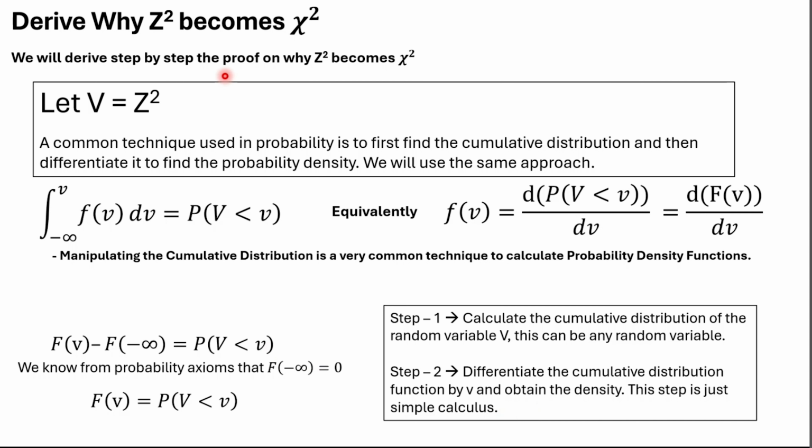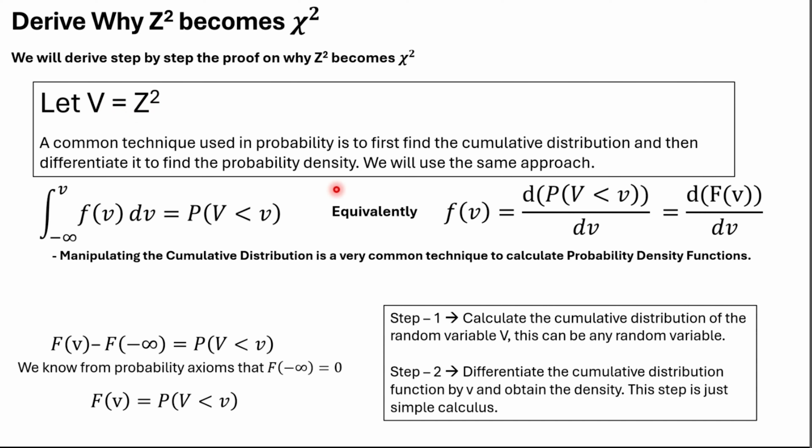Let's now derive precisely why z square becomes chi-square. First of all, when we perform the transformation z square, let's do a simple substitution. Let v be equal to z square. This will keep things visually simple, and also note that v is the value which the transformed random variable z square can take on the x-axis, right?